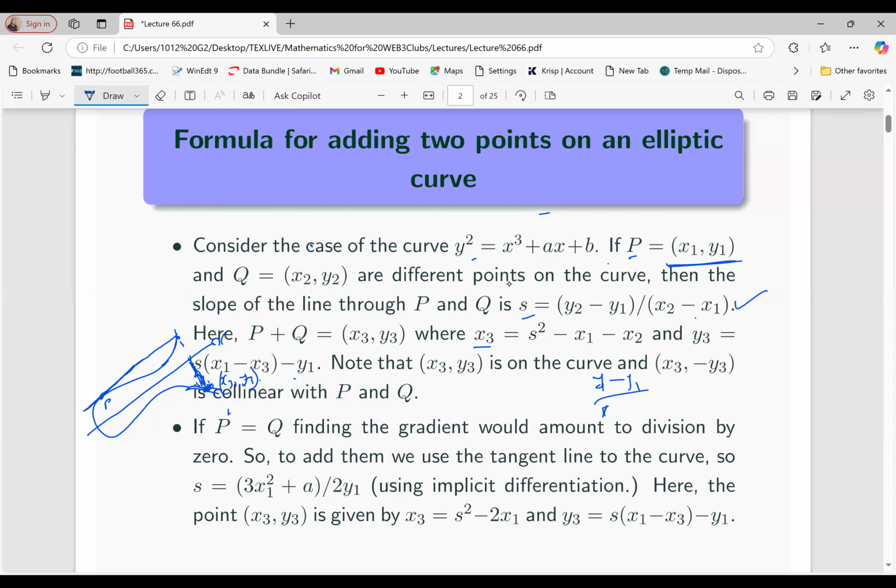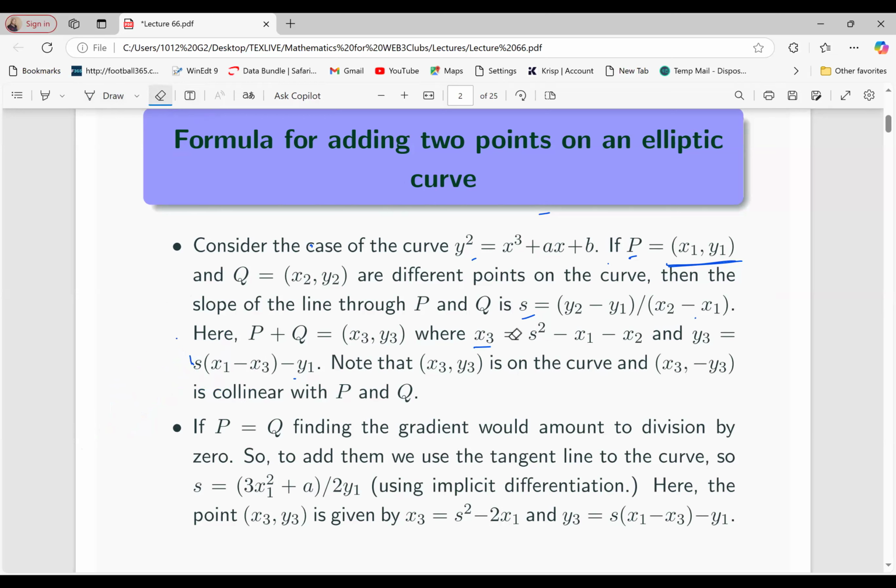But now the problem is not even the numerator. The problem is the denominator. The denominator will be giving us 0. So you cannot divide anything by 0. When finding the gradient, you realize that the denominator will be having a 0, and so that is not possible.